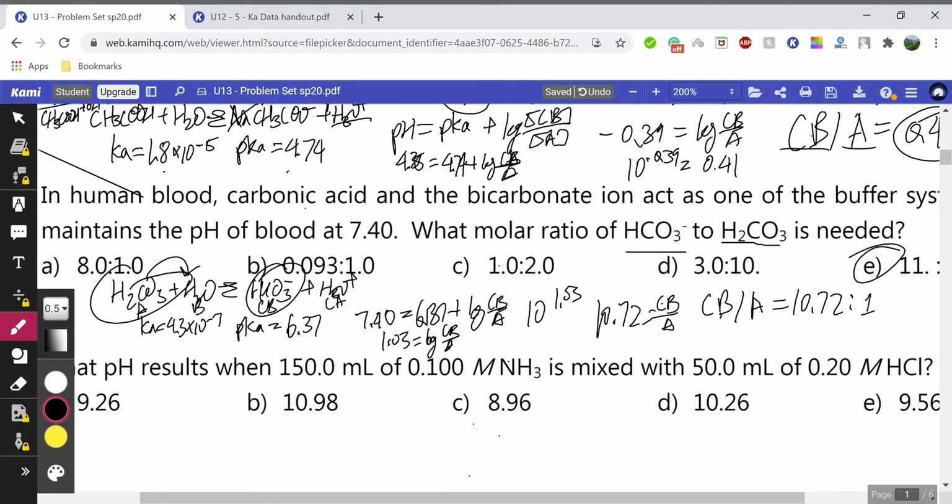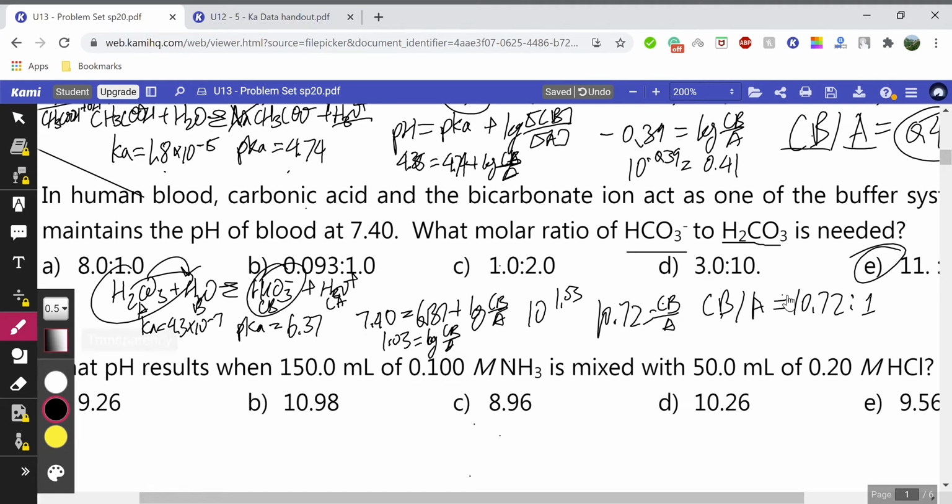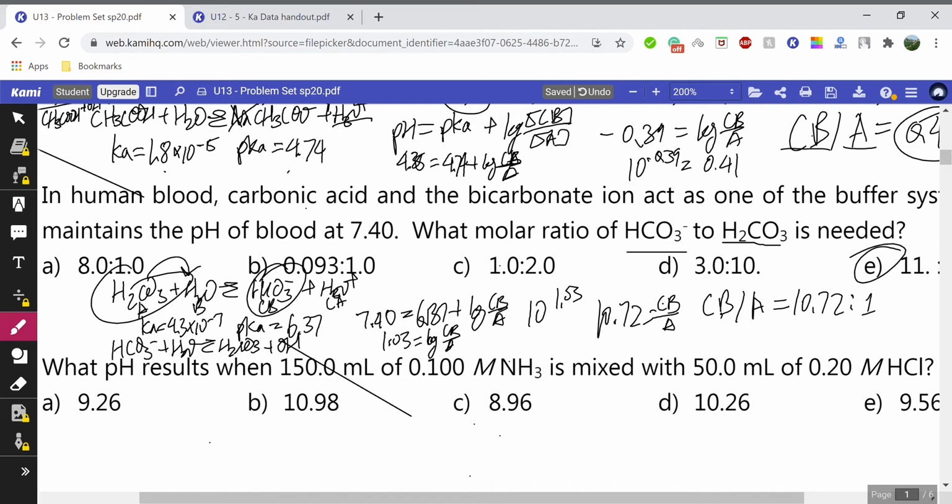Now, say you wanted to use the other, the opposite reaction, HCO3 minus plus H2O, forming H2CO3 plus OH minus. Say you wanted to use this equation, and in the end you'll get the same answer, because this is going to be the base, this is going to be the acid, and this would be the conjugate base.